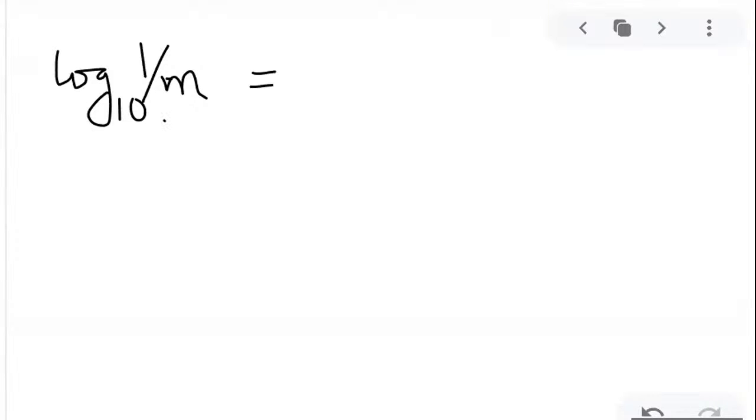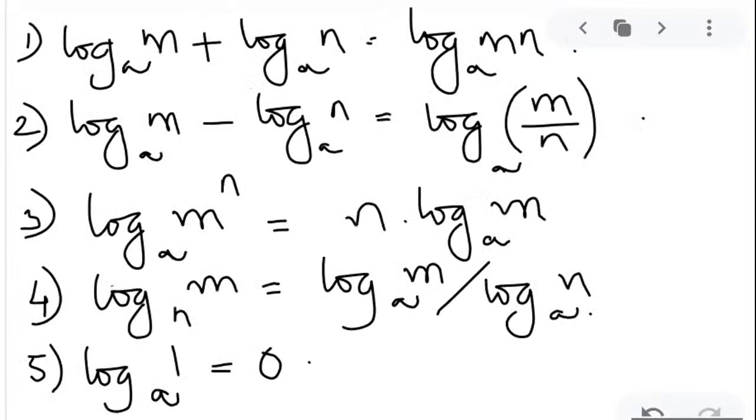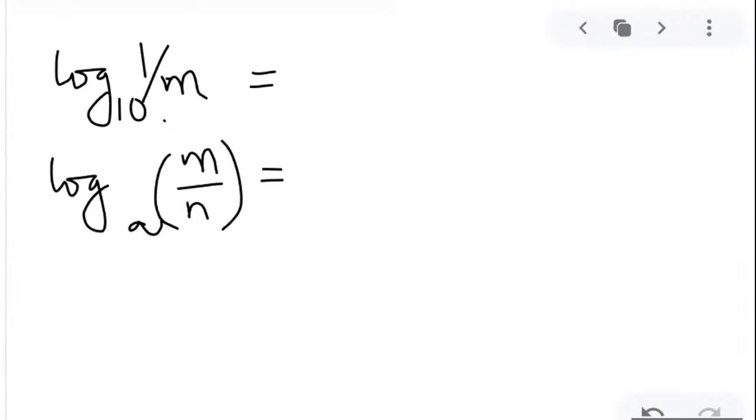This is in the denominator. What you are telling is log 1 power m base 10. Right? Log 1 by m base 10 is in the form of log m by n base a. So Nida, what is log of m by n base a? Look at this and tell me. Log m by n base a is equal to log m base a minus log n base a. So what will this become? What is m in this case?